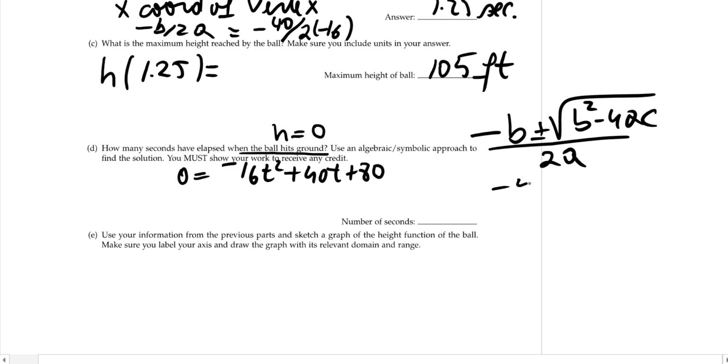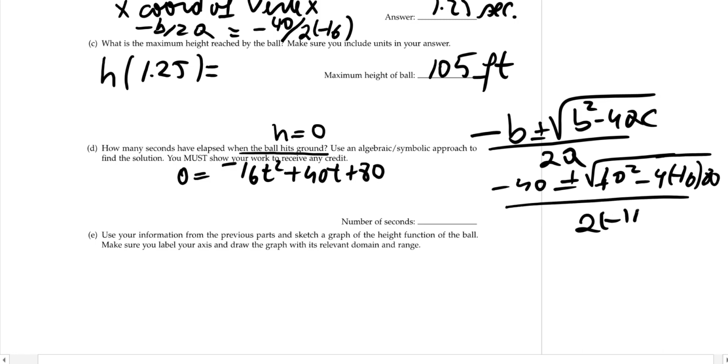So it's gonna be negative 40 plus or minus square root of 40 squared minus 4 times a times c over 2 times negative 16.